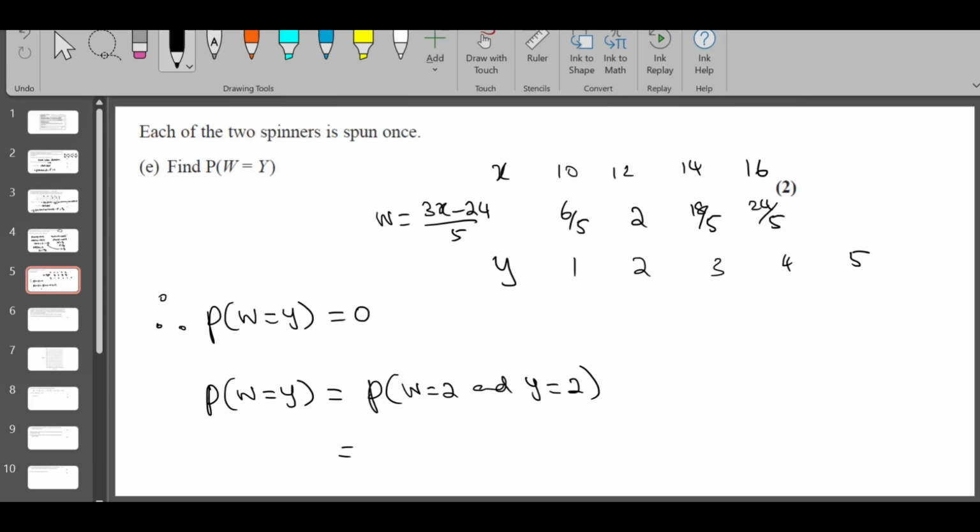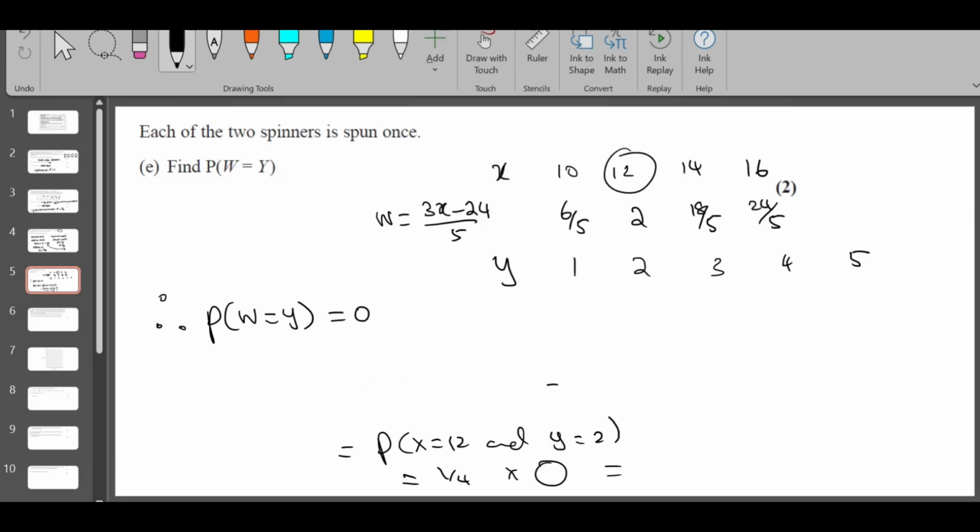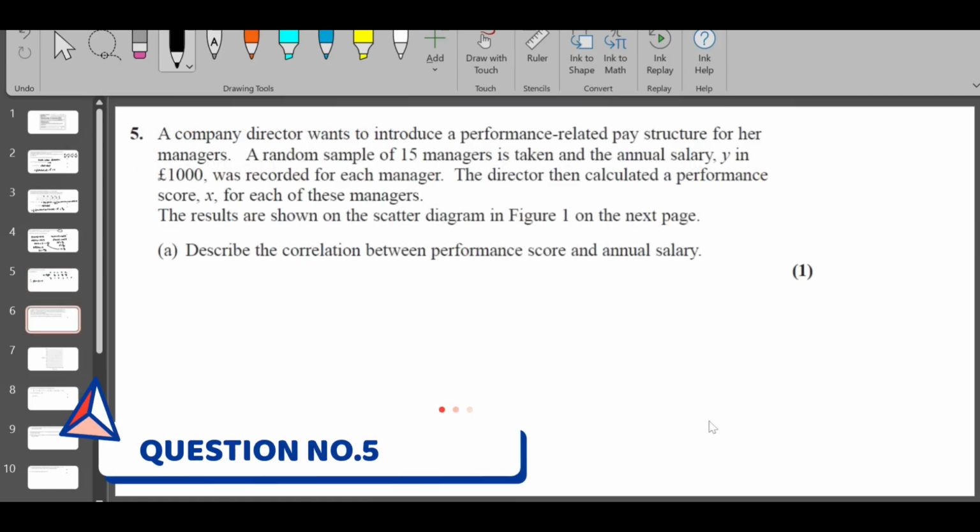When the value of W becomes 2, when x is 12. So P of x is equal to 12 and y is equal to 2. Take the corresponding probabilities and then multiply. But in this case, you don't need to do that because no values of W and Y are equal. So the probability will be 0. That's all. Question number 5 now.